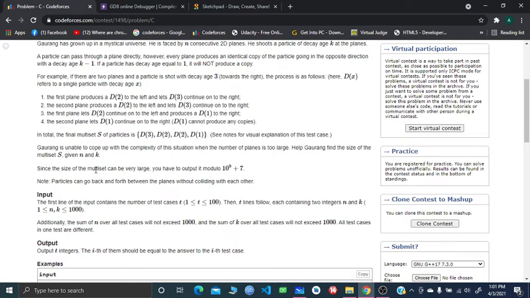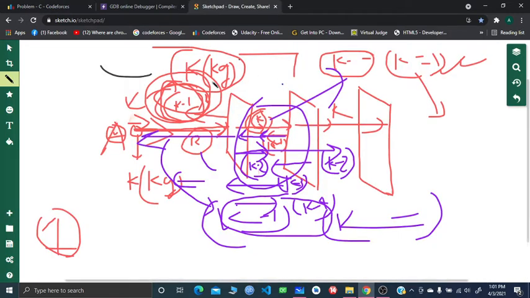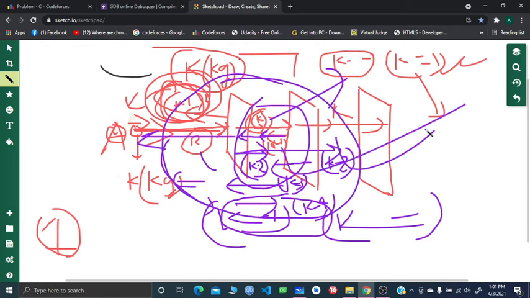The multiset is going to be very large, so you have to output it modulo 10 to the power 9 plus 7. Okay, so as you read and analyze all of this, you will come across a situation where this is getting very messy and complex. So then I try to find out how to make it simple and easy.